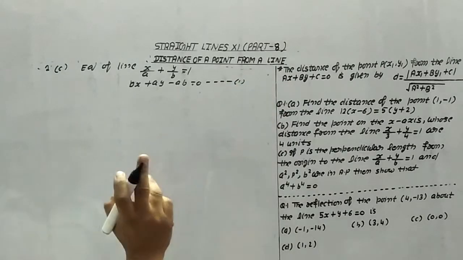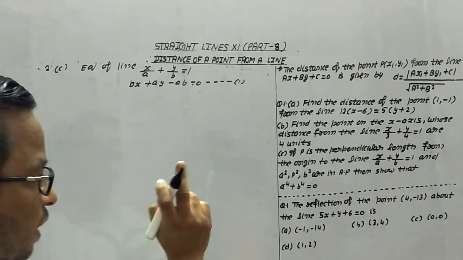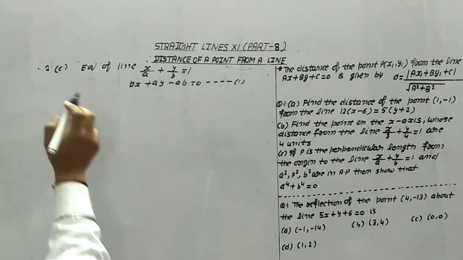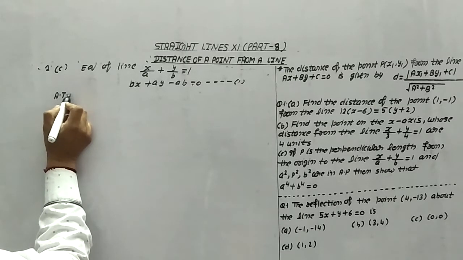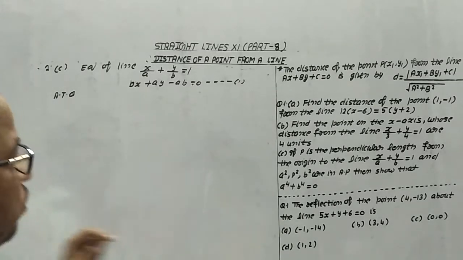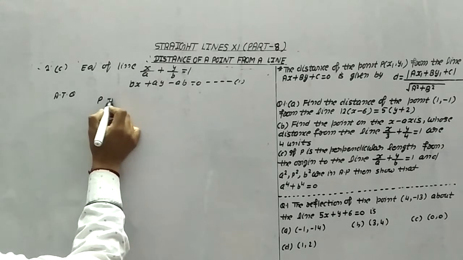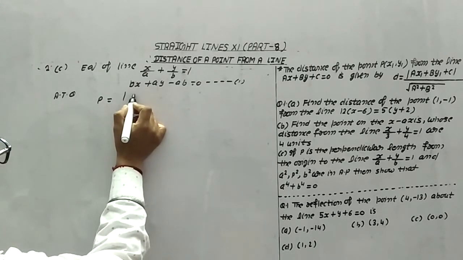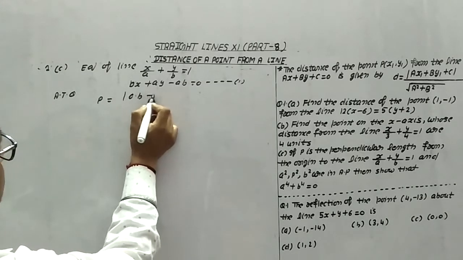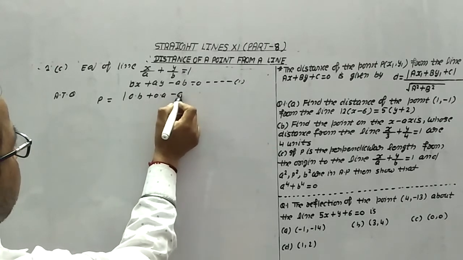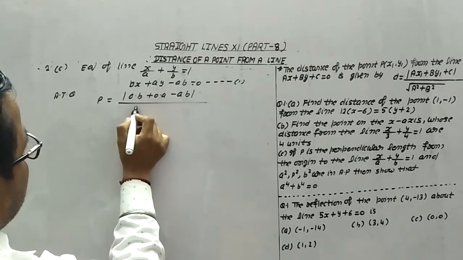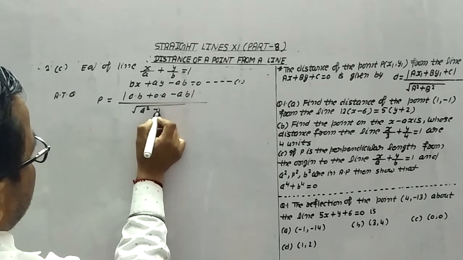Now, the distance of the point, p is the perpendicular length from the origin. According to the question, what will be the coordinates of the origin? 0, 0. So p is equal to modulus of 0 into b plus 0 into a minus ab, upon under root a square plus b square.